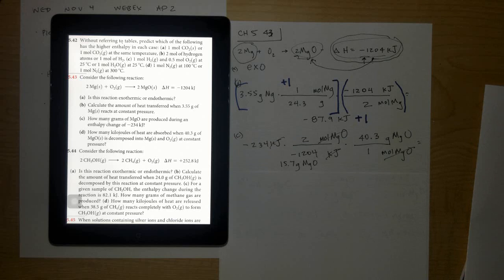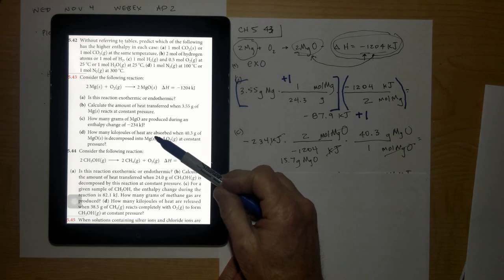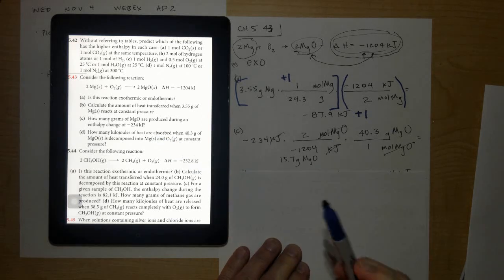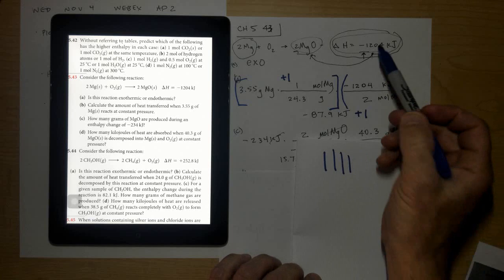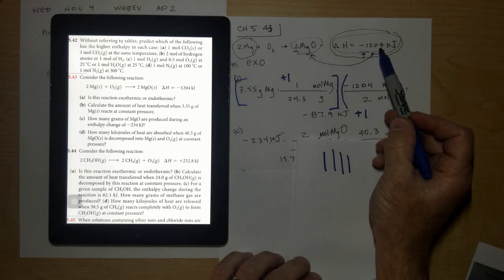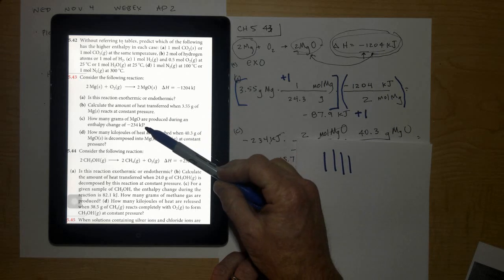All right, continuing on with letter C, it says how many grams of MgO are produced during an enthalpy change. So now it's kind of the backwards of the problem. We had this many kilojoules right here that were released. Okay, but in this case, we have only 234 kilojoules released.